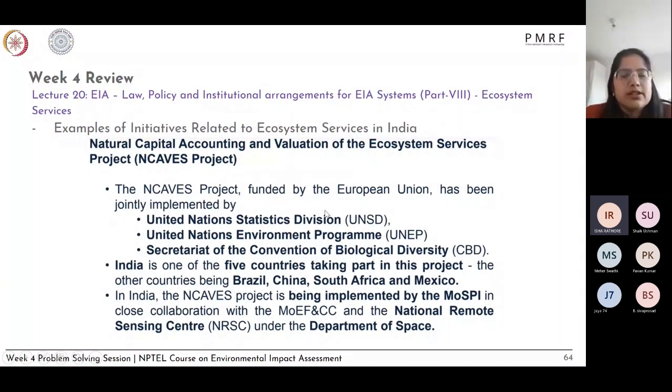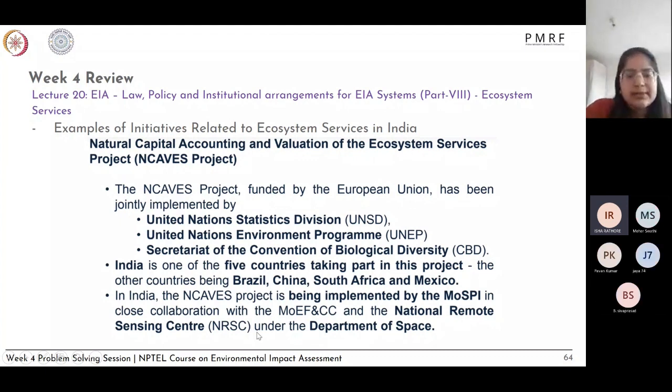There are basically five countries which took part in this project, including India. The other countries were Brazil, China, South Africa, and Mexico. And this was done in collaboration with the Ministry of Environment, Forest, and Climate Change, and the National Remote Sensing Centre under the Department of Space.